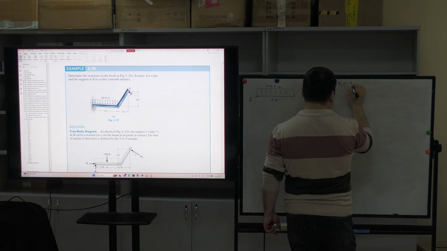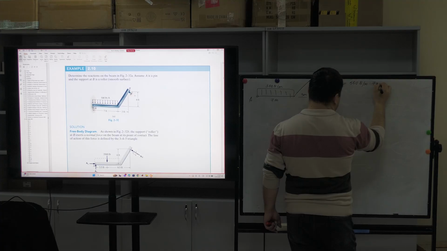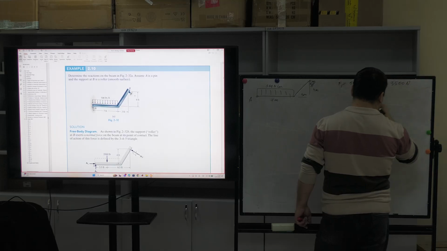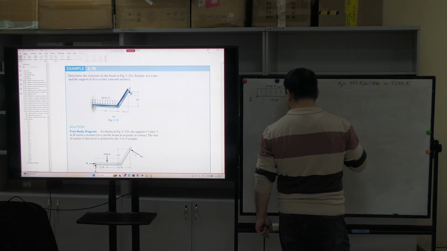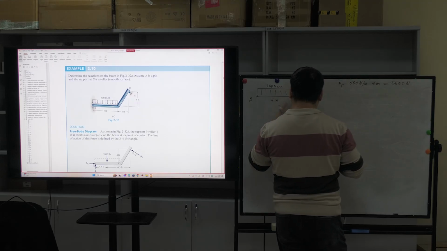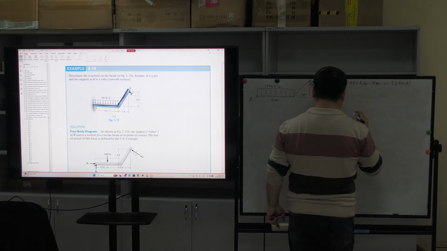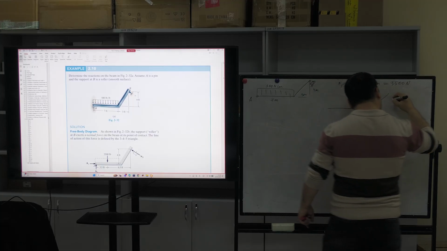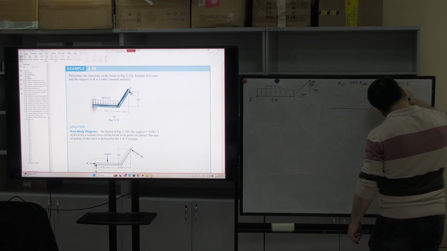F1 is equal to 500 newtons per meter, product 7 meters, which is 3500 newtons. There is no other external force, only this one, and we have to identify the reaction forces. Okay. Let's draw the free body diagram. We have a force acting in this direction.